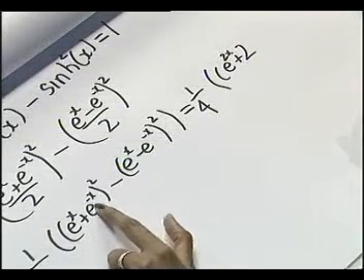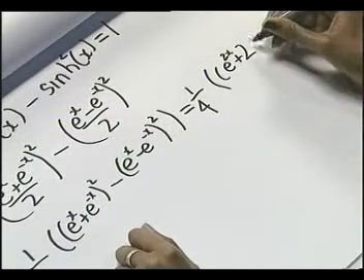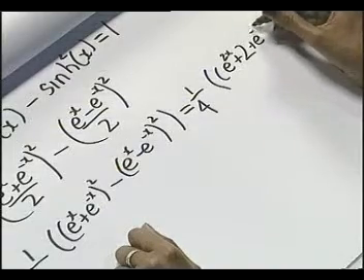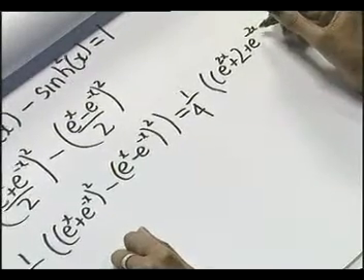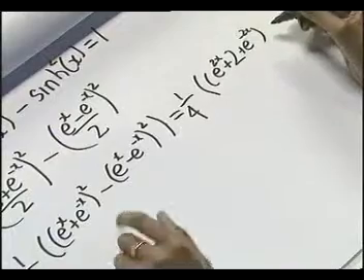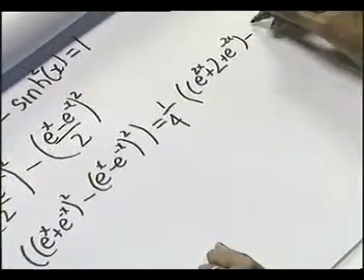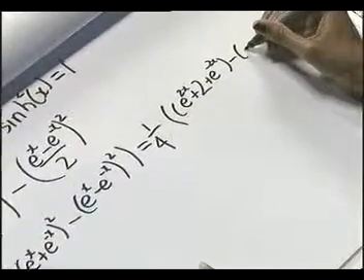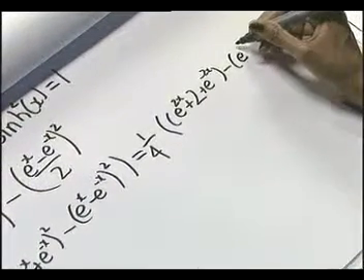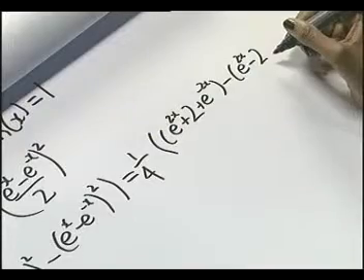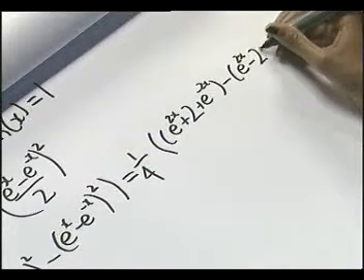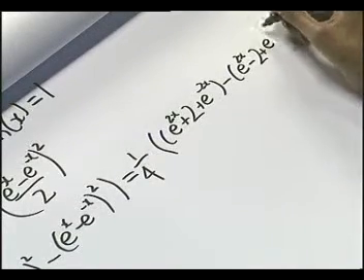And e to the minus x times e to the minus x is e to the minus 2x. And then we take away this bracket squared, which, working as before, we can see is e to the 2x again. And this time we get a minus 2 here, and we get plus e to the minus 2x.